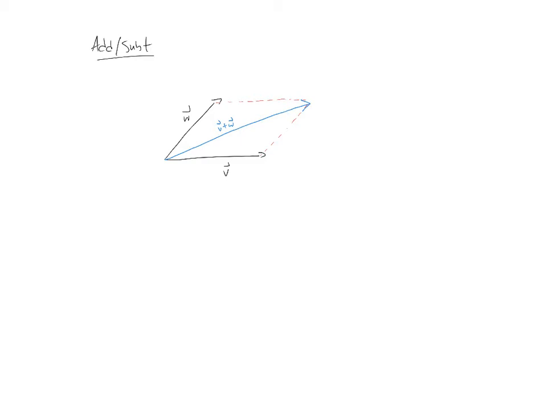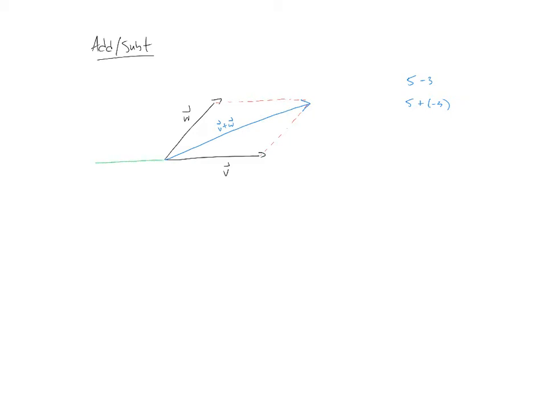Now, in terms of subtraction, I just want to point out before I draw the picture that if I were to give you, let's say 5 minus 3, that's the same thing as 5 plus a negative 3. So I'm essentially going to put together the sum of two vectors again, but one of the vectors now will have a negative scalar. So I'll move the other direction with this.